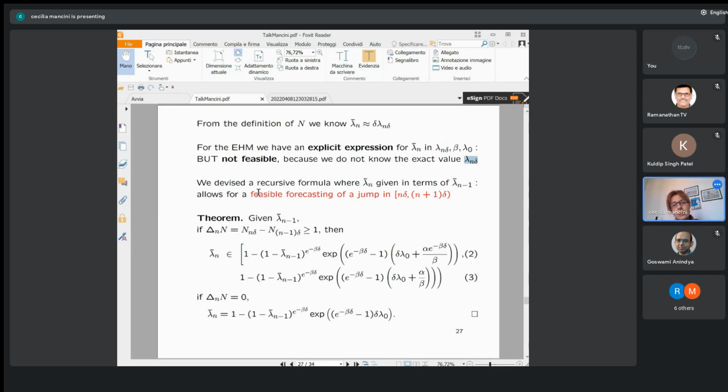So we produced a feasible forecast of a jump in the next interval.